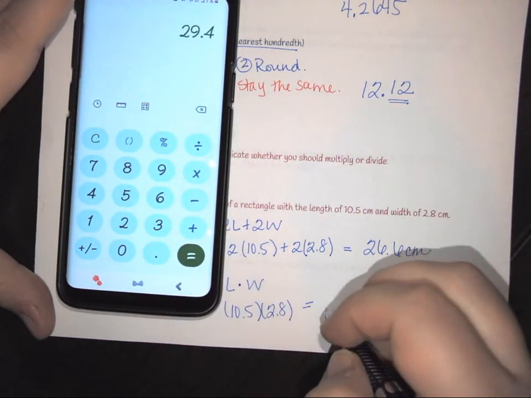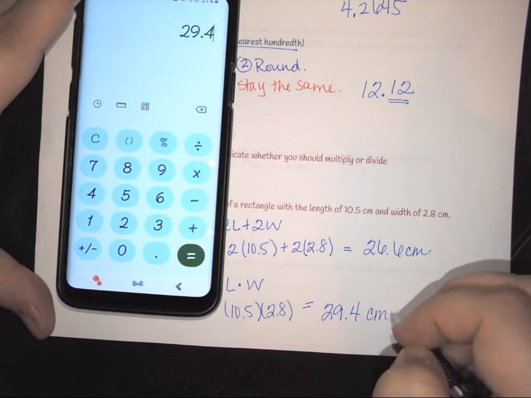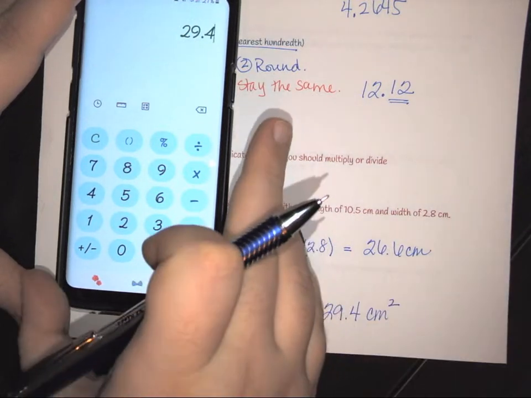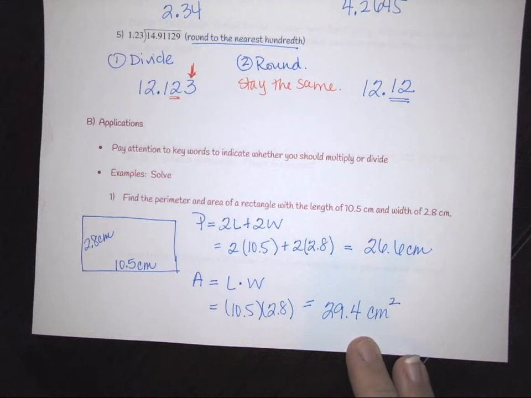Hit enter, and we end up with an area of 29.4 centimeters squared. Now our units are squared here because we have 2 of them multiplied together, and thus that's the difference between our area and our perimeter.